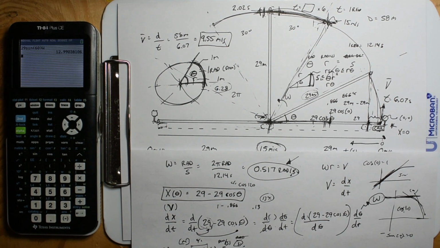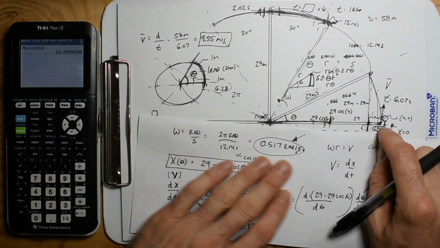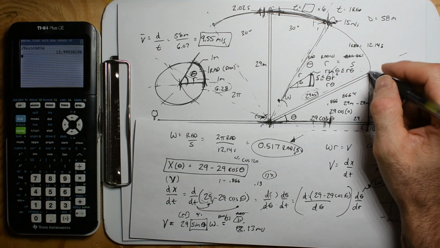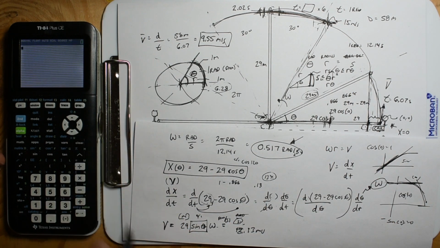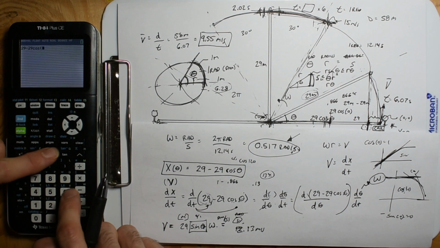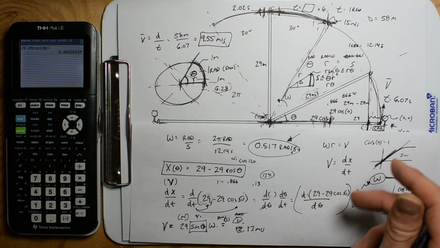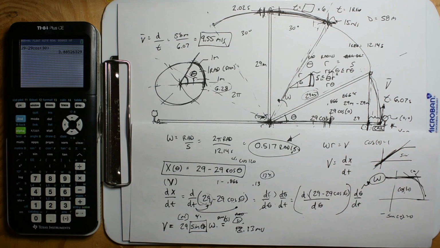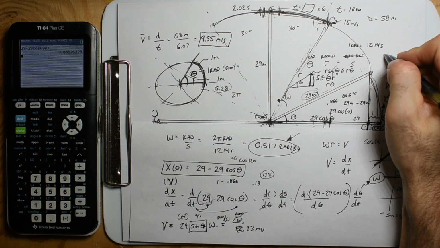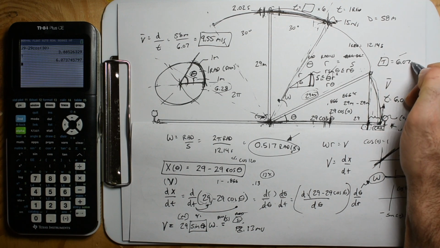Alright, so now instead of just trusting this equation, let's go back to what we said our distance was going to be at theta equal to 30. We said we were going to use this equation: 29 minus 29 cosine of 30. And we said we were going to have a distance of 3.885. And the time for this whole thing, that's alpha t, is going to be 6.07.